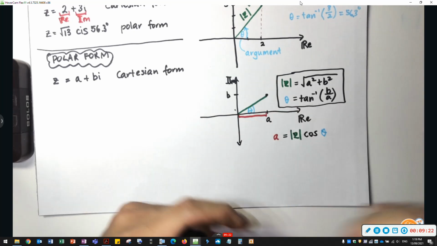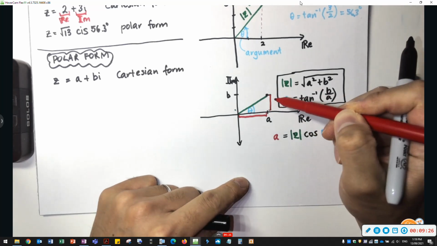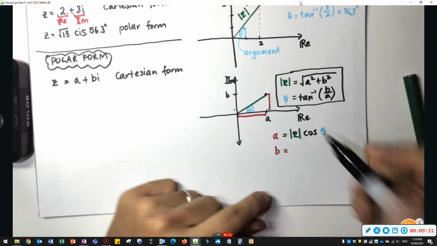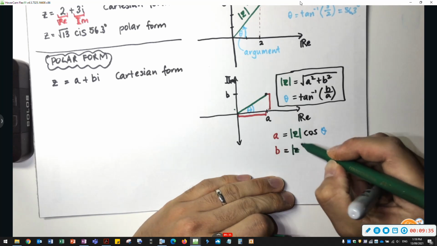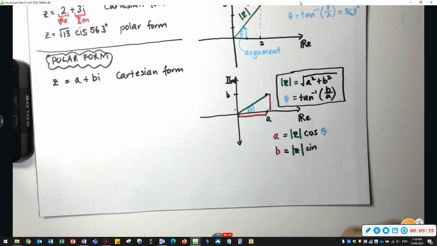Okay, alternatively you can also work out the vertical point. Okay, so this is the B value, so B equals the modulus of Z times the sine of the argument.